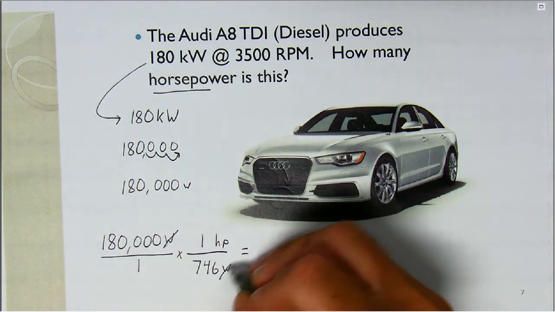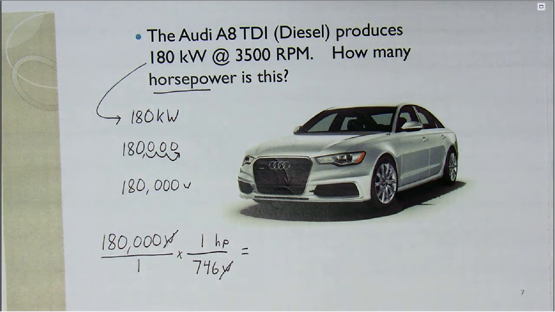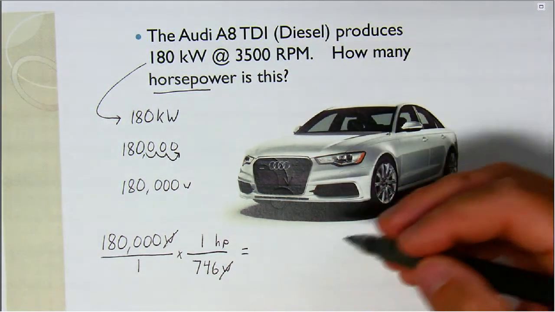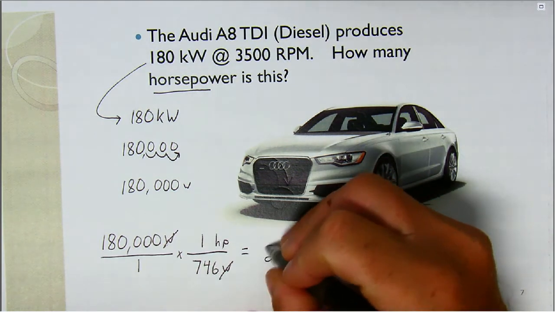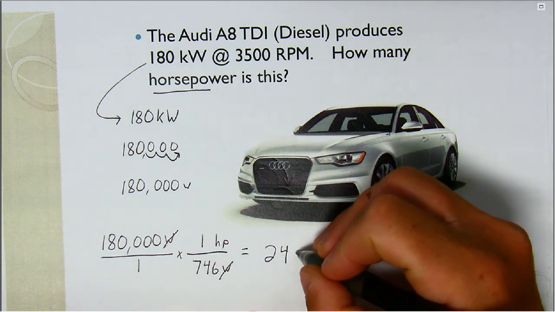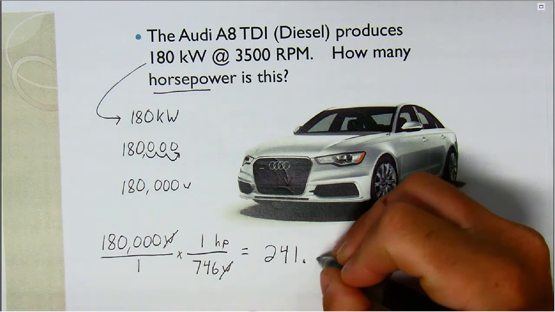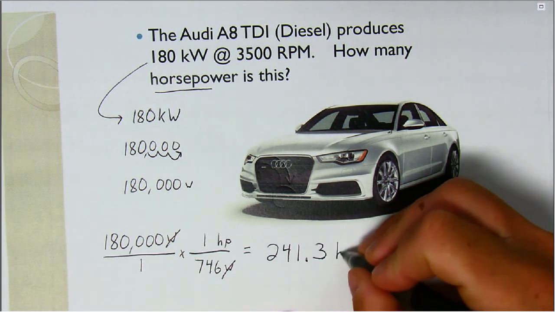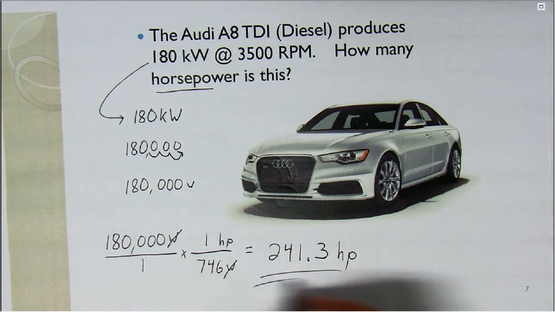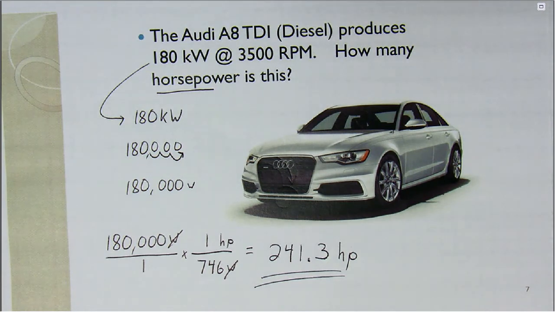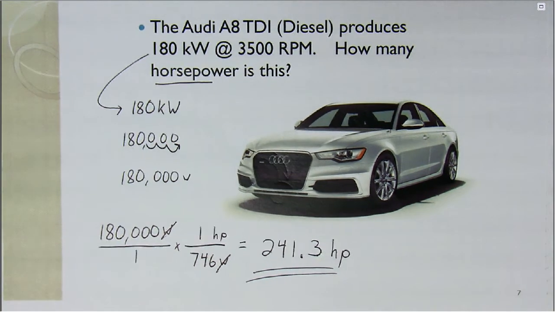Watts cancels. 746 is on the bottom, and that means we can do that division. So 180,000 divided by 746 is 241.3 horsepower. Or it would certainly be reasonable to say 241 horsepower. And that's that.